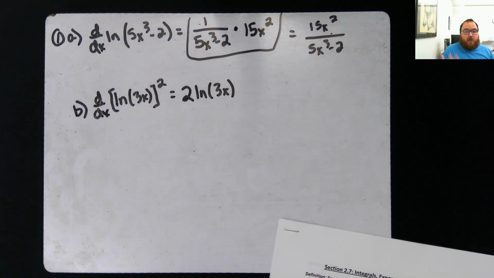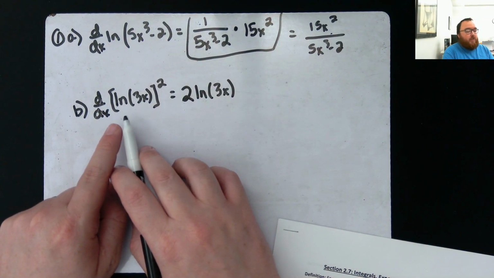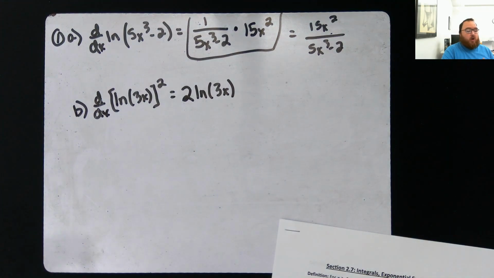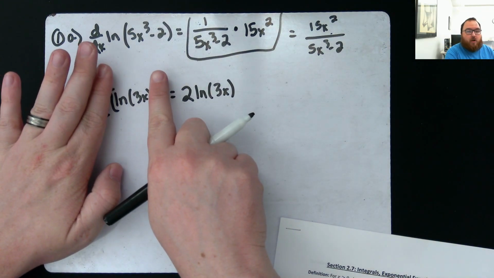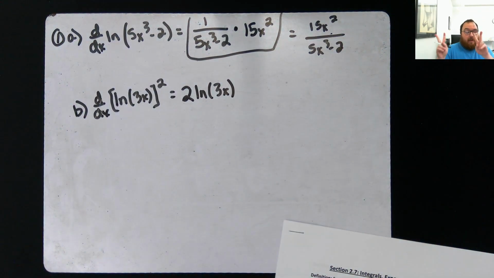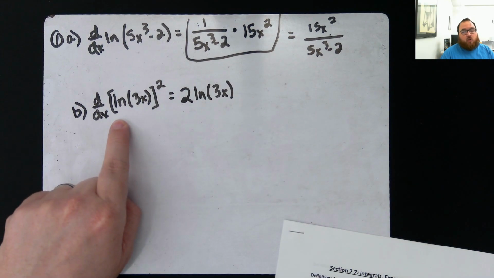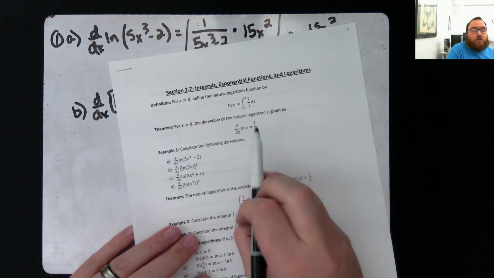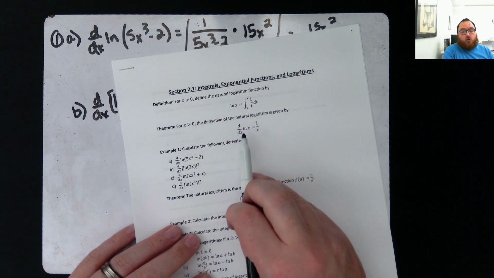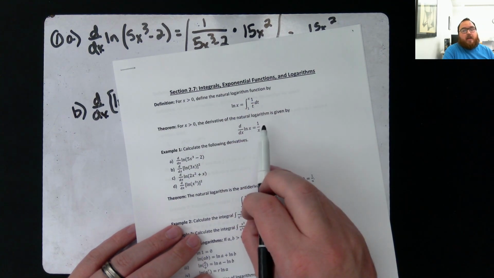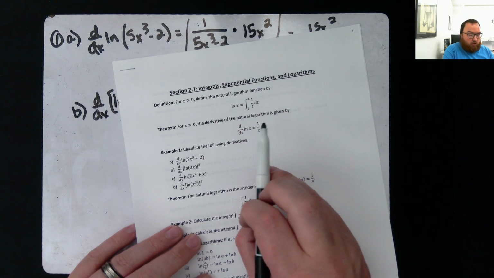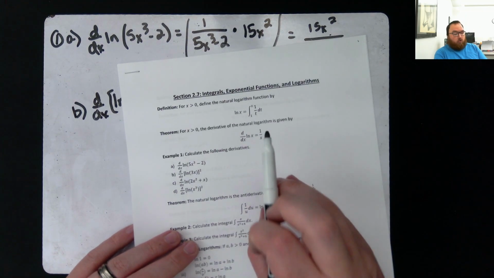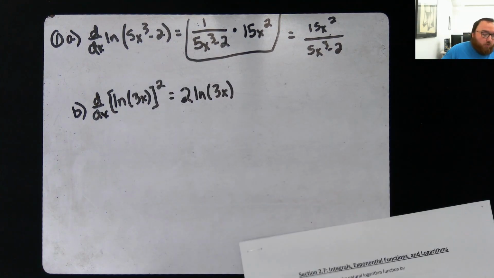But I can't stop here yet because now I've got to find the derivative of the next part. So if I ignore this squared, the next outside part is the natural log. So I do that next. By this rule we had just said, the derivative of the natural log of x is 1 over x.